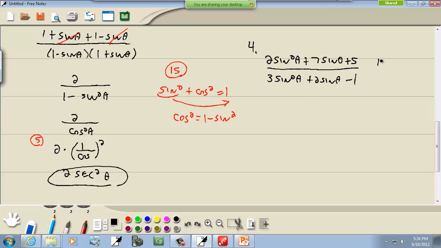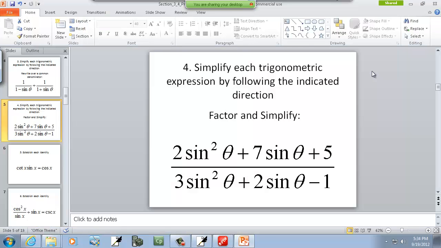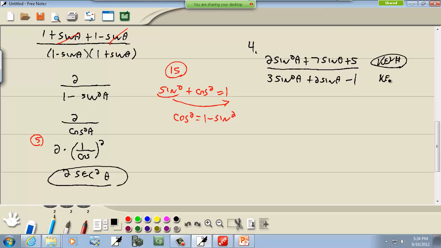Now both of these will factor. That's what they tell us to do: they tell us to factor and simplify.